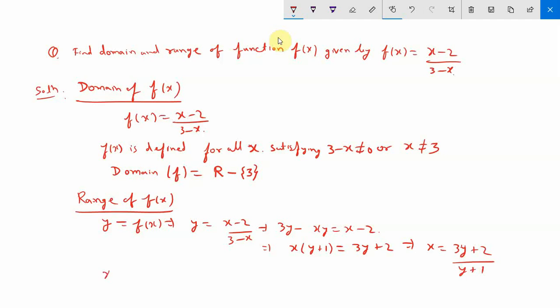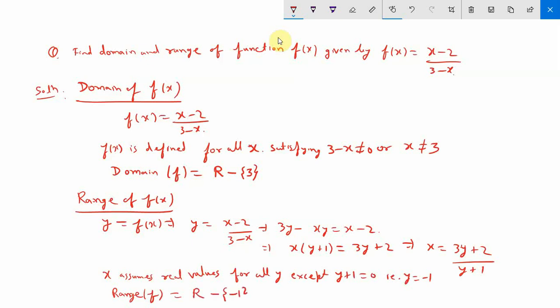Okay, so x assumes real values for all y except y plus 1 equal to 0, that is y equal to minus 1. So range of f is real numbers excluding minus 1.